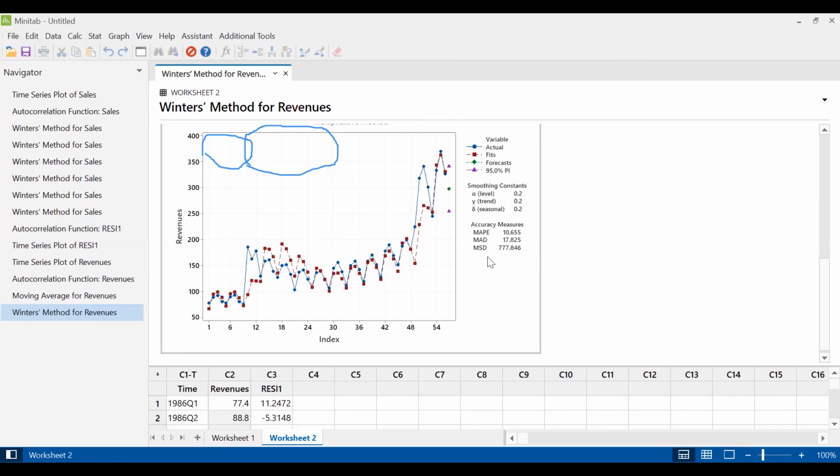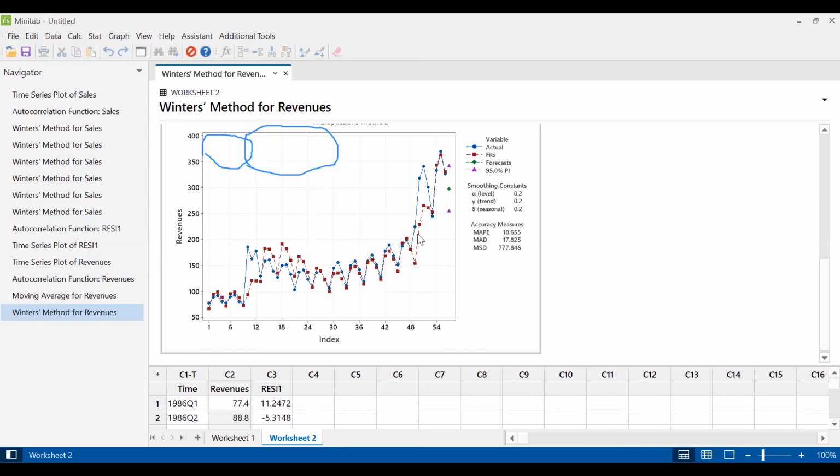At the end, for the results you report, I want you to report the best combination of alpha, gamma, and delta. And if you report just 0.2, 0.2, 0.2, that to a certain extent suggests you didn't try other models or you didn't try enough runs to make it better.